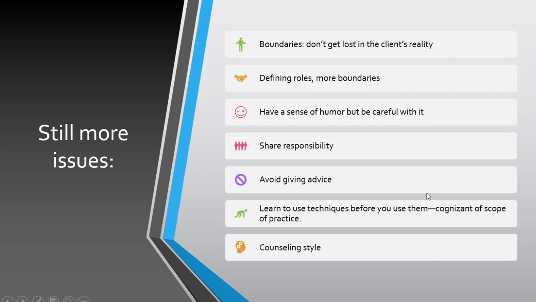So we'll talk about that a lot more. Learn to use techniques before you use them, always cognizant of that scope of practice that we looked at. How would you utilize this to help in the recovery of a substance use disordered individual? And know what you're doing before you do it. And you'll develop your own counseling style, by the way.